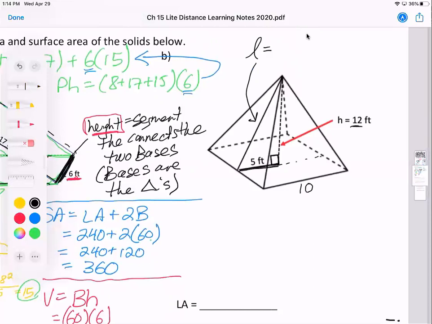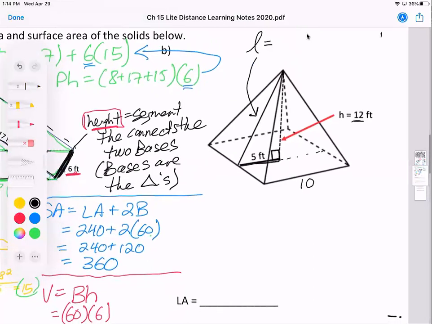That slant height we could calculate using the Pythagorean theorem. We have 5, right here, and we have 12. If we use the Pythagorean theorem, we would get 13. This is a common Pythagorean triple. 3, 4, 5 is a common one, and 5, 12, 13 is another common one.